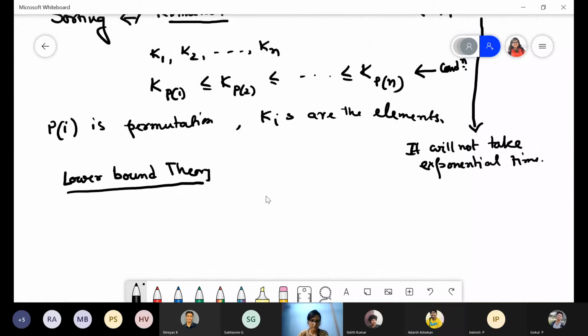According to our lower bound theory, for comparison based sorting, we need a lower bound of n log n. Lower bound we represent with big omega notation. Not necessarily best case, it is the lower bound. So this is lower bound theory.